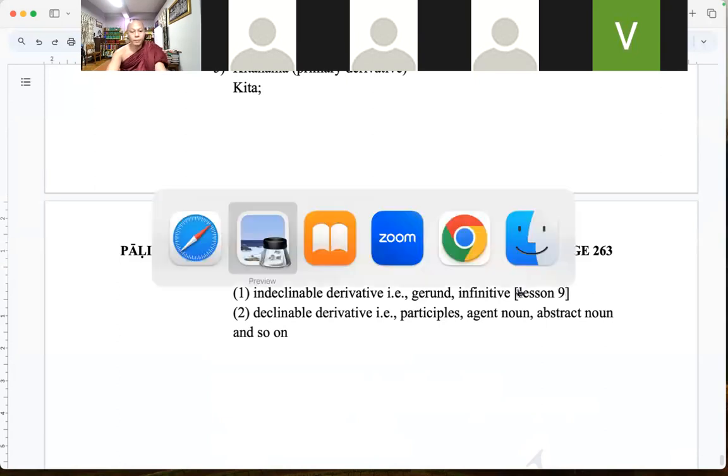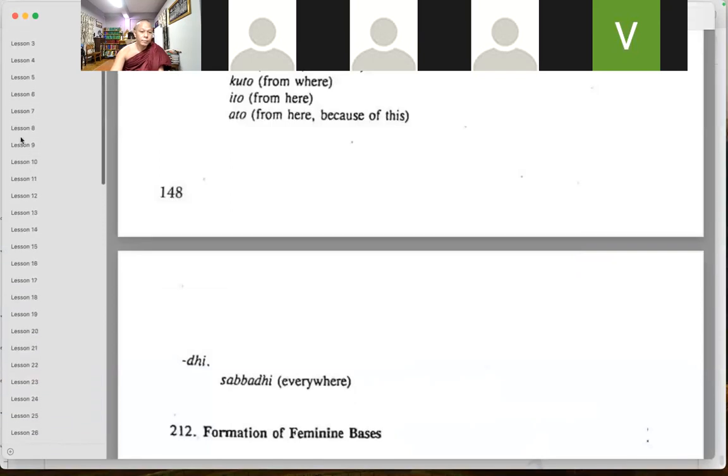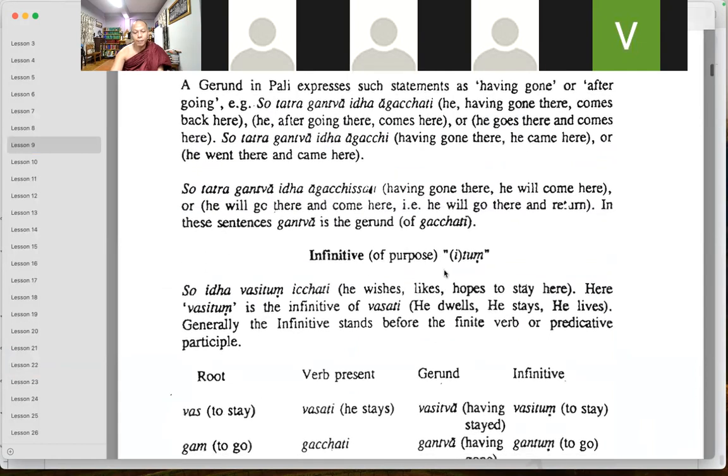Okay. So you see, this one is gerund. After that, here infinitive. So these are indeclinable.